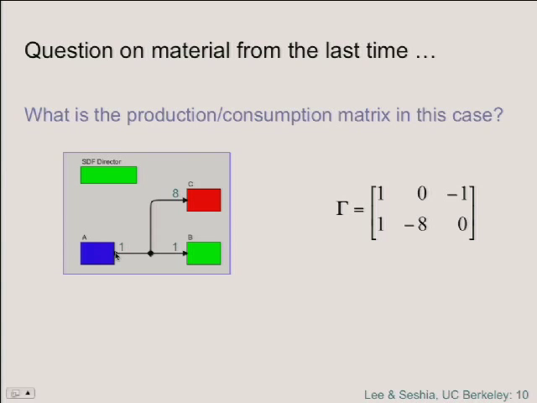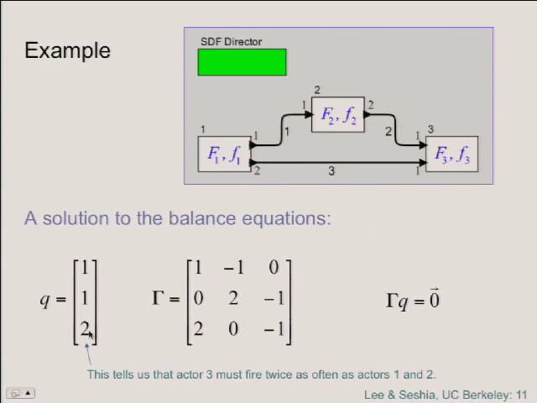Because actor 2 is going to produce 2 tokens each time it fires. Actor 3 consumes 1, so actor 3 needs to fire twice as often as actor 2. Actor 2 needs to fire the same number of times as actor 1. Okay? And this connection is kept in balance if you do those firings.